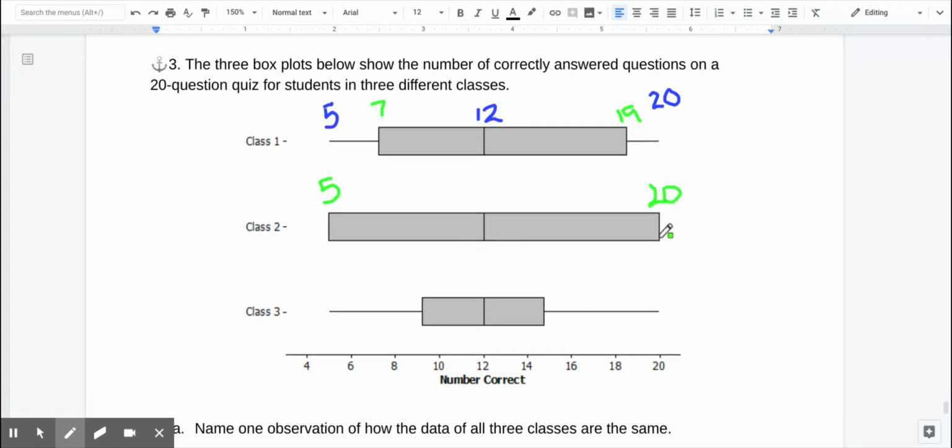That means that the upper quartile is the same as the maximum and the lower quartile is the same as the minimum. That must mean there were some repeated data values at 5 and some repeated data values at 20. So quite a few people, more than one, must have gotten 5 and must have gotten 20 in here.